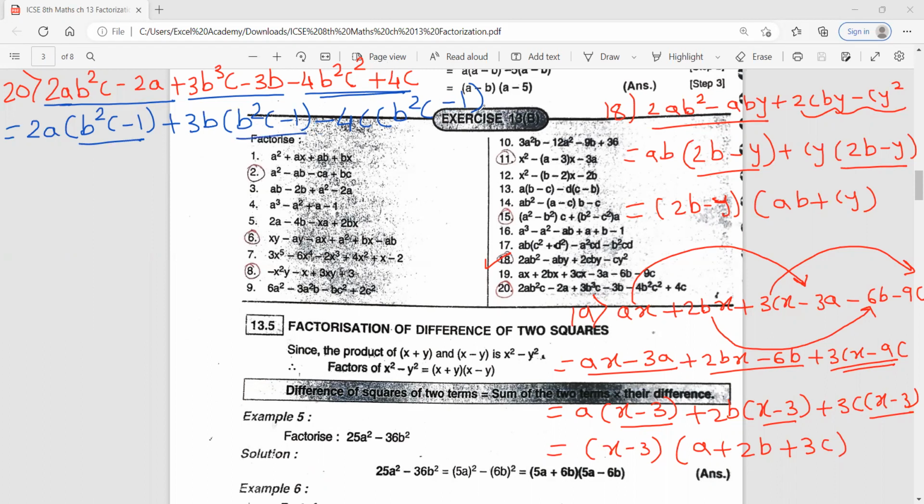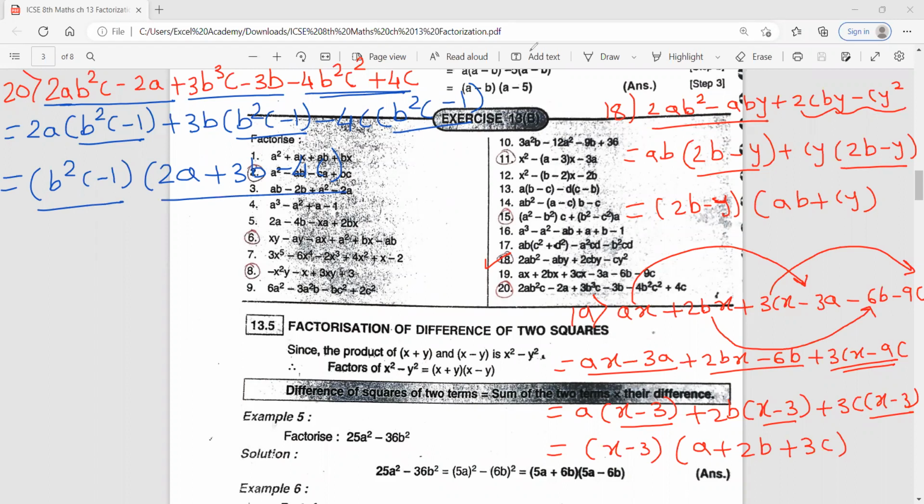Now you will observe that b square c minus 1 is a common factor in all of the terms. So we can take b square c minus 1 as a factor, and 2a plus 3b minus 4c is another bracket. That's all.